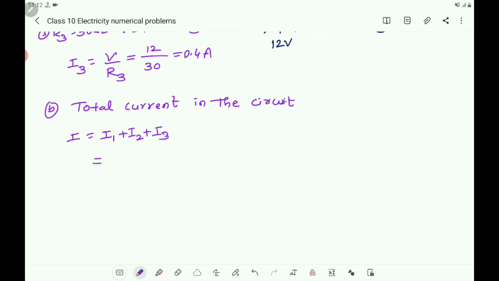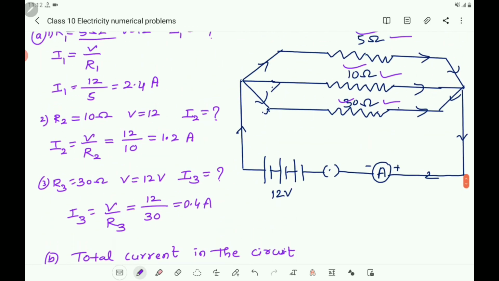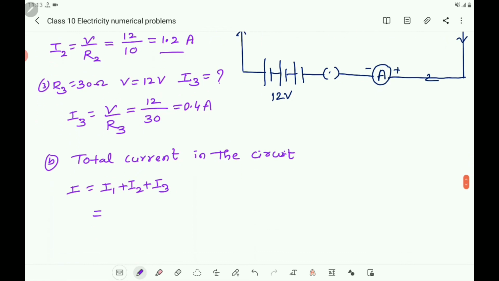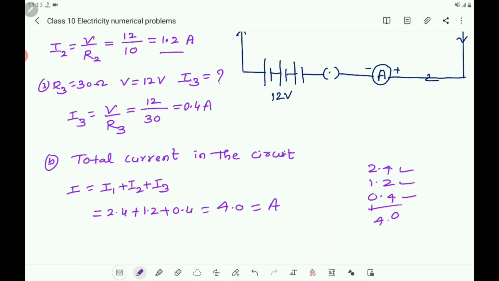I1 is 2.4, I2 is 1.2 and I3 is 0.4. So 2.4 plus 1.2 plus 0.4 equals 4.0 amperes, that is 4 amperes. So the total current through the circuit is 4 amperes.